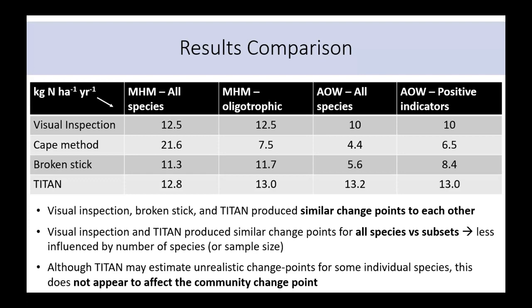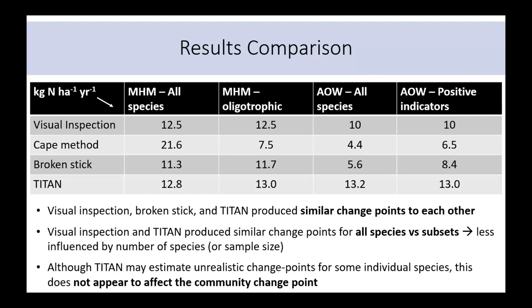Then it was a non-random subset. We picked out oligotrophic species, or those are ones that are sensitive or require low levels of nitrogen. Then we ran all of our oak woodlands data. And then again, we picked a non-random subset. And this time we picked positive indicators, or species that are known to be characteristic of that habitat.